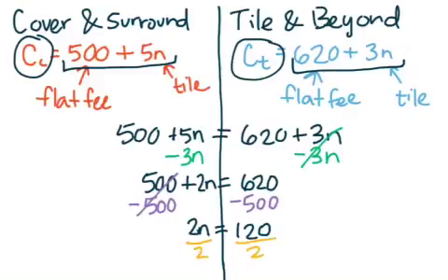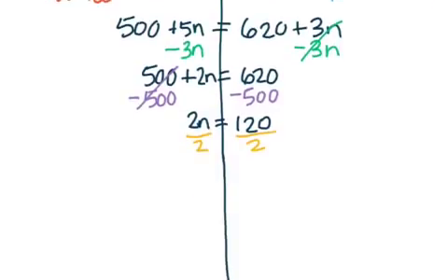So I'll need to divide both sides by 2. And when I do that, that cancels out my coefficient, because 2 divided by 2 is 1. And I end up with n is equal to 60. So I know 60 tiles are what I'll need to purchase for the cost to be the same.